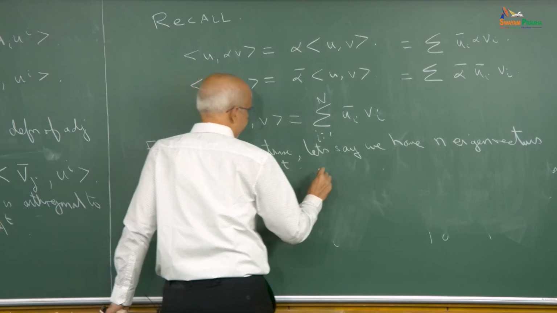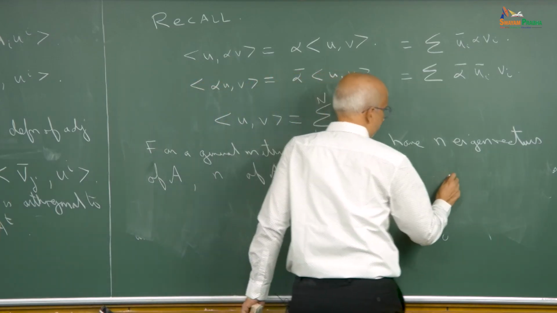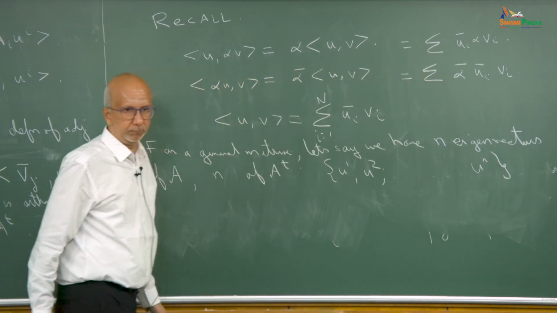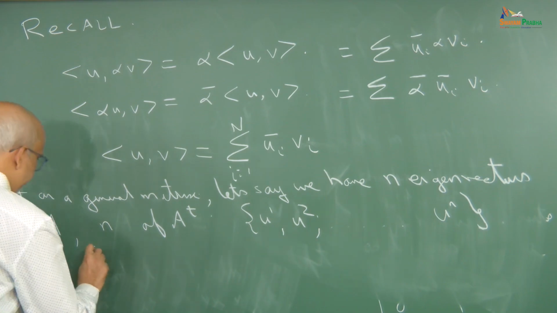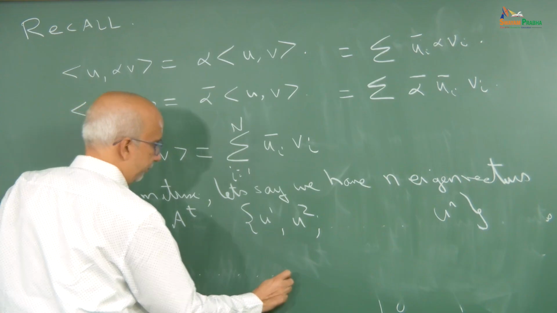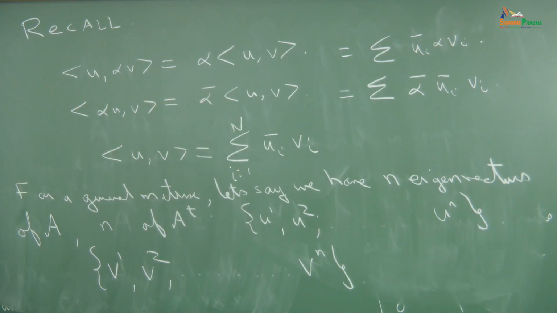So what are these? U1, U2, up to Un, and then V1, V2, up to Vn.